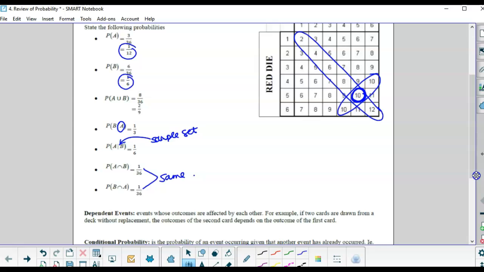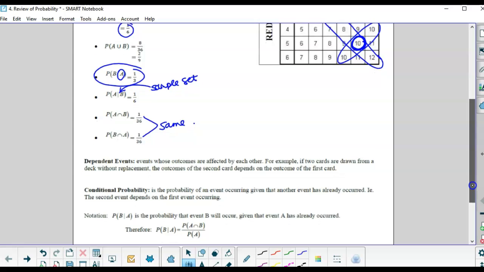So here are dependent events. We talked about the probability of rolling two the same, given that the sum was 10. That depends. You had to know which events had a sum of 10. So those are dependent events.